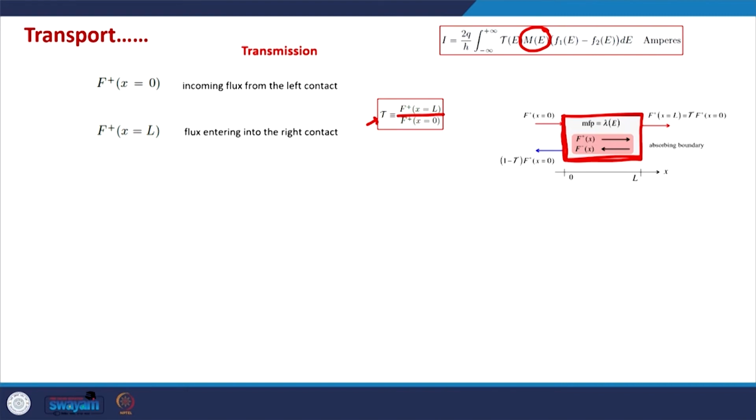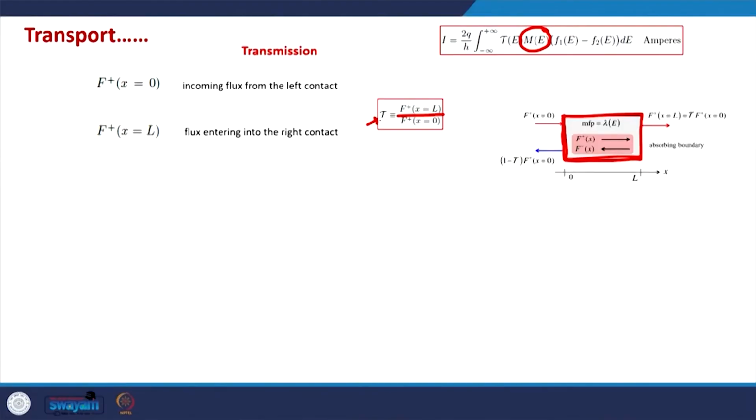Some of the electrons may scatter in the channel, they may travel back, they may change energy as well during the transport from the left contact to the right contact. That is why this parameter T is defined as the electrons received on the right contact divided by the electrons injected on the left contact.